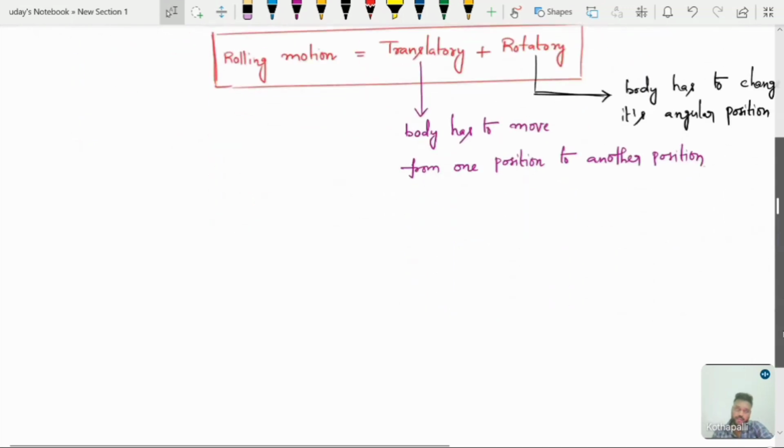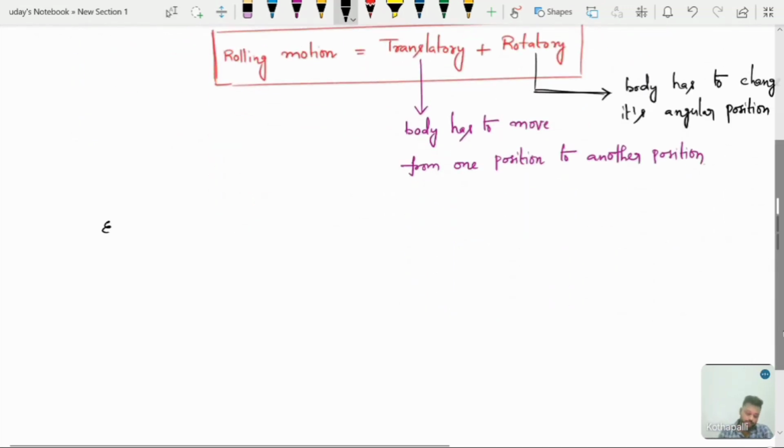So now the best example of this rolling motion is the wheel of a moving car.